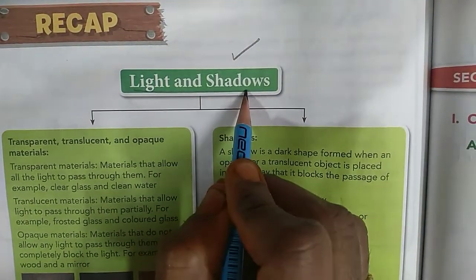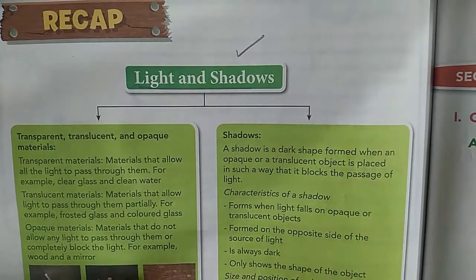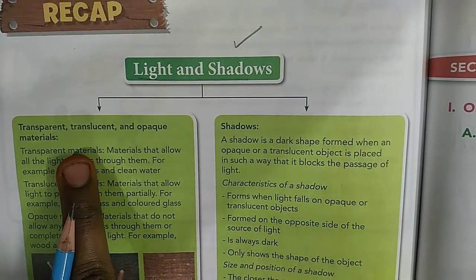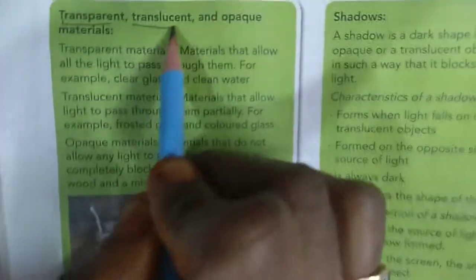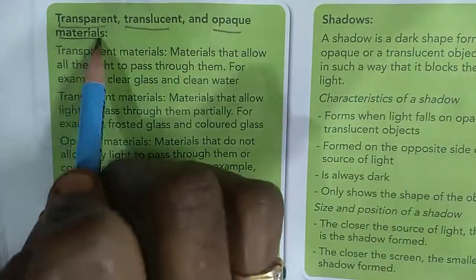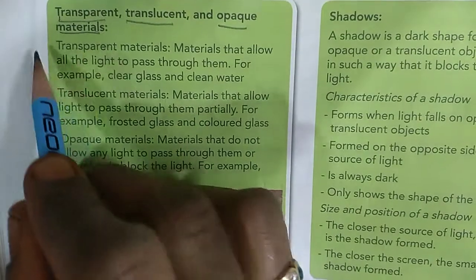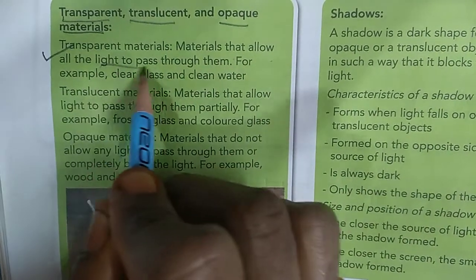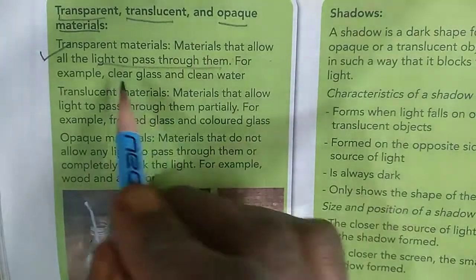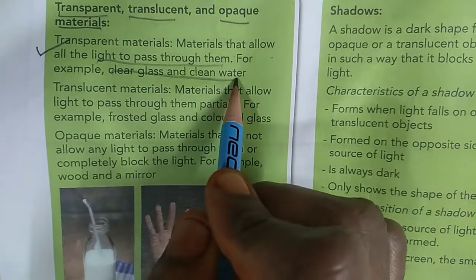Okay, now we are going to see the recap of light and shadows. First, what we have seen: what are transparent, translucent and opaque materials. Transparent materials allow all the light to pass through them, for example clear glass and clean water.